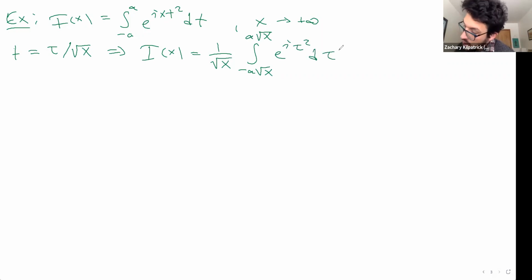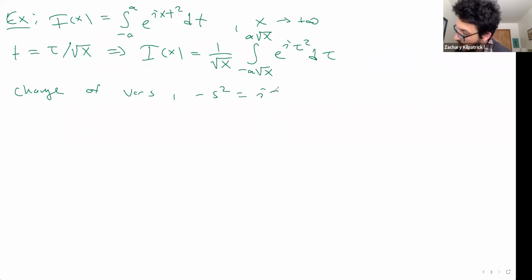Okay. Now this is close to a Gaussian. If I make another change of variables, I can write minus s squared is equal to i tau squared. So then tau equals square root of i s. This is equal to e to the i pi over 4 s. Okay.